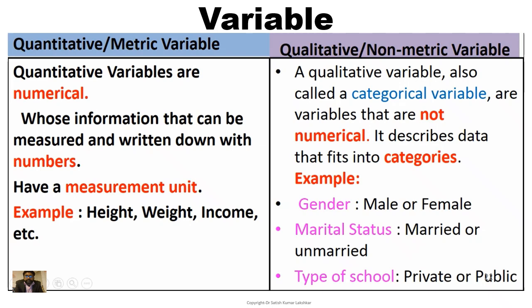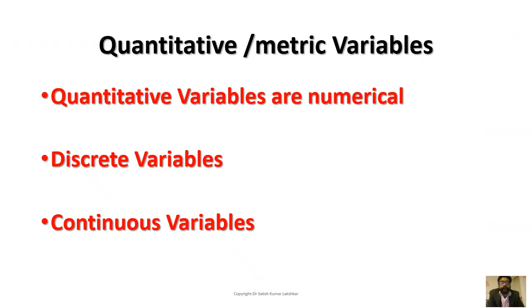Again these are examples of variables, but they are qualitative in nature. We can't quantify them exactly. We can't quantify gender, marital status, or a school. Whereas if we talk about variables like height, weight, income, we can easily quantify them. So this is the difference between quantitative and qualitative variables, or metric versus non-metric variables.